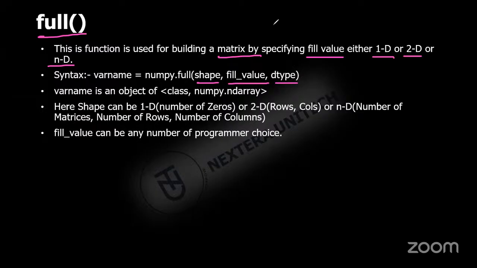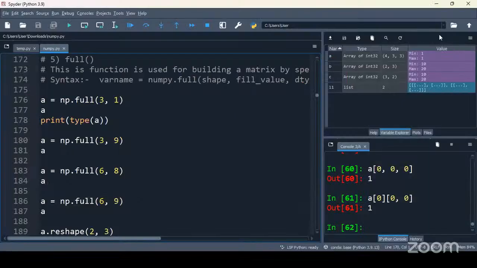The zeros function uses 0, the ones function uses 1. But the full function will use the fill value. This value will be used. So let us focus on the hands-on part. What am I doing here? I'm using the full function. np.full of 3 comma 1.